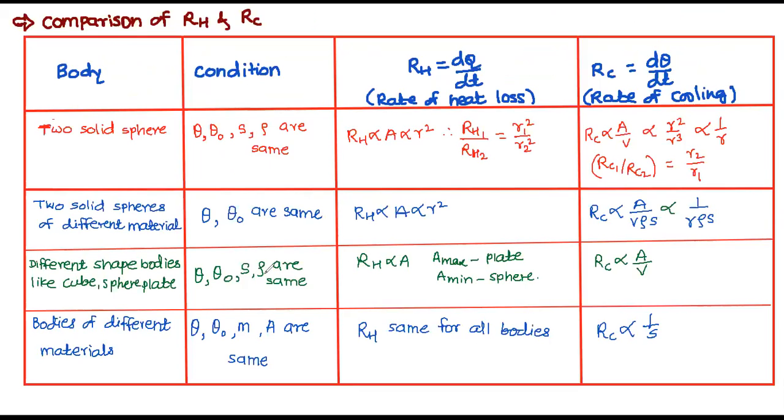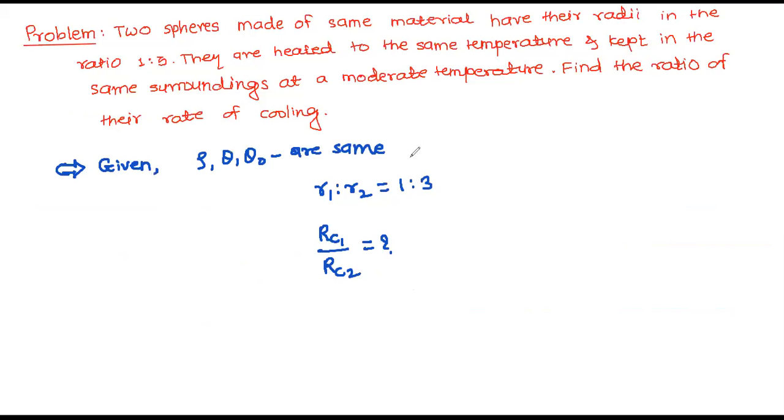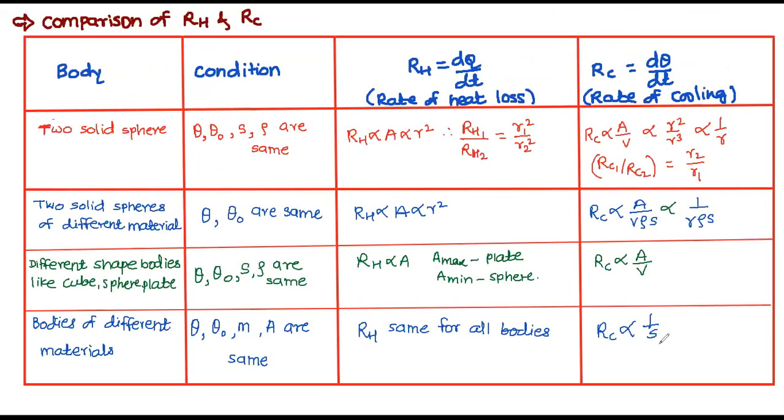Let's go back to our table. You see here specific heat and all will be the same. Then how will it be? What type of shapes? Solid spheres are there. Check in the table. Two spheres are there, right? Yes.